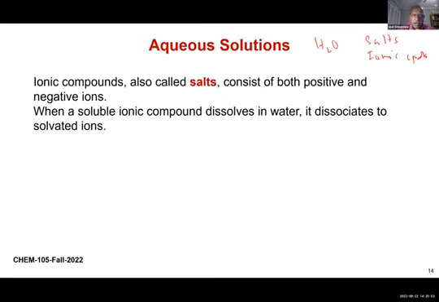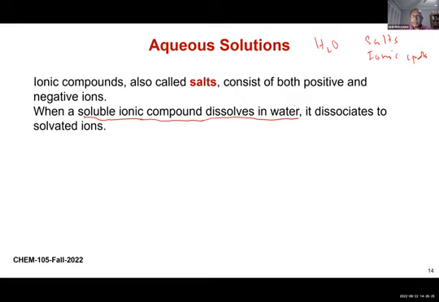We talked about ionic compounds, cations and their names: sodium sulfate, sodium fluoride. Some salts, some ionic compounds, are soluble in water. What do you mean by soluble in water? When you put them in water, they go clearly into the solution.